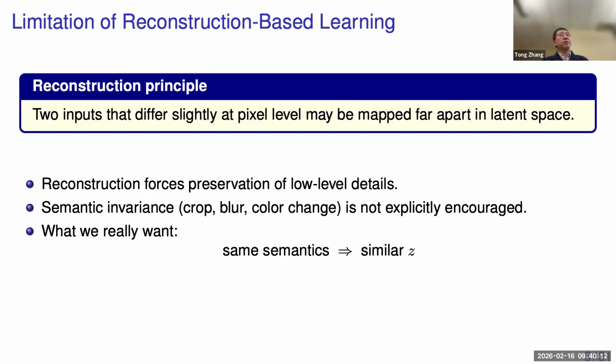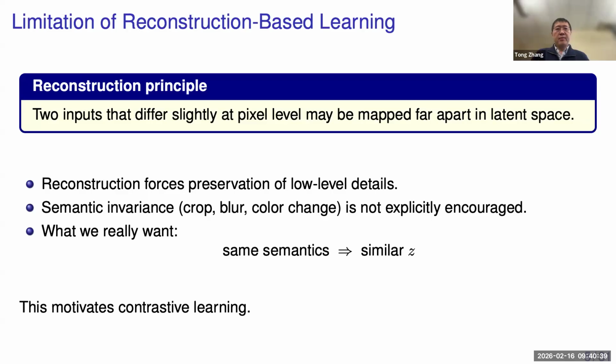You have to differentiate them because they have very different pixel representations. So that's the key. Let's say I start with this idea: a cat on the left-hand side of the image and a cat on the right-hand side should have the same semantics. How do I do that? This is where contrastive learning comes in. Basically, it tries to implement this idea so that they actually go back to the same representation.